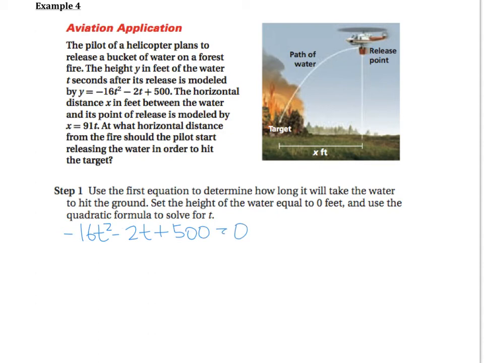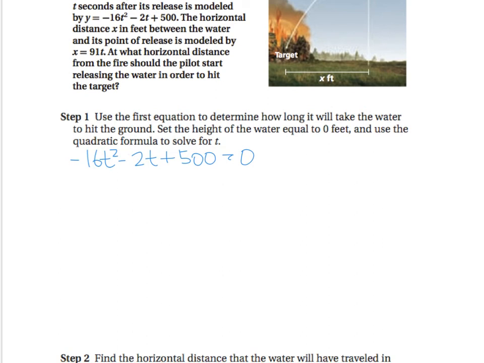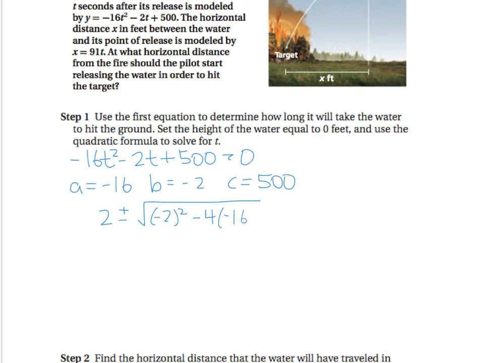And then use our quadratic formula. Again, it's the opposite of b, plus or minus the square root of b squared minus 4 times a times c, all over 2a.